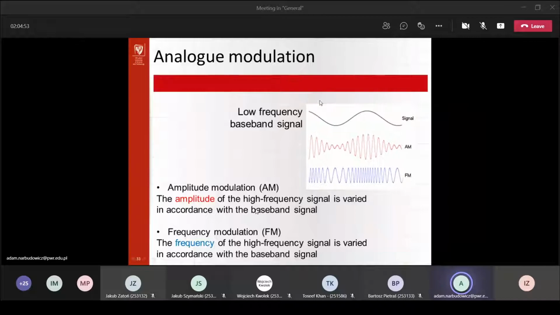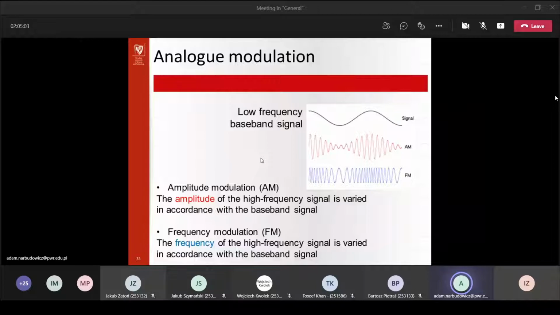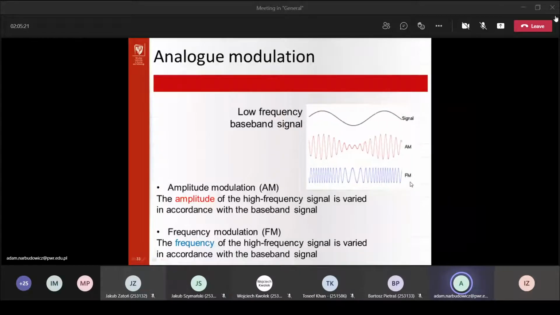This is the slowly changing signal, and here in red and blue we can see the high frequency carrier signal that has already been modulated with the black baseband signal. In the case of the red curve, we speak about AM, which is amplitude modulation. In the lower case, the blue curve, we speak about FM, so frequency modulation.